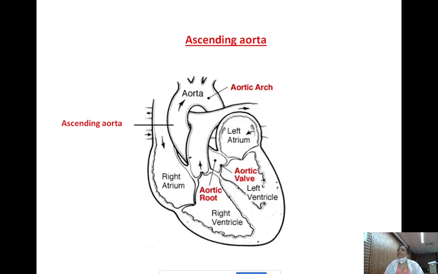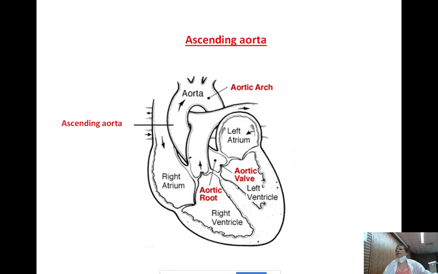Now what is the ascending aorta? You can see it is coming from the aortic vestibule, that is the smooth part of the left ventricle, and then it ascends towards the sternal angle. As it ascends, it passes behind the pulmonary trunk, which is coming out from the right ventricle. That is also an artery.